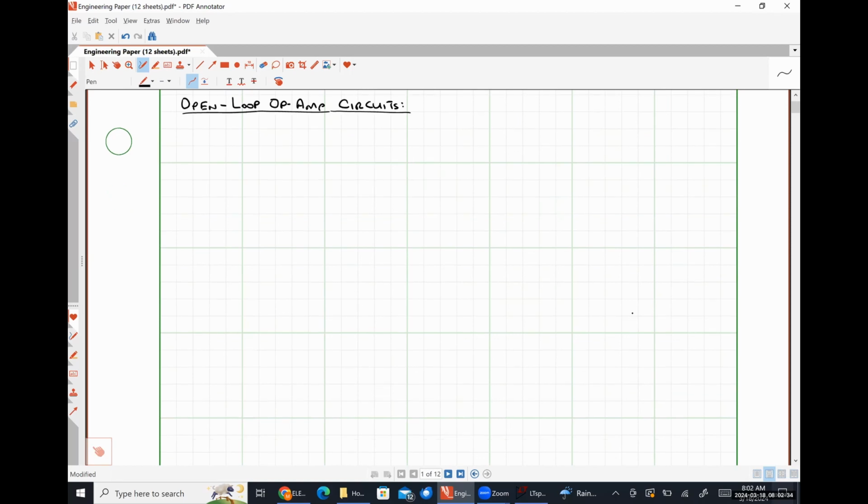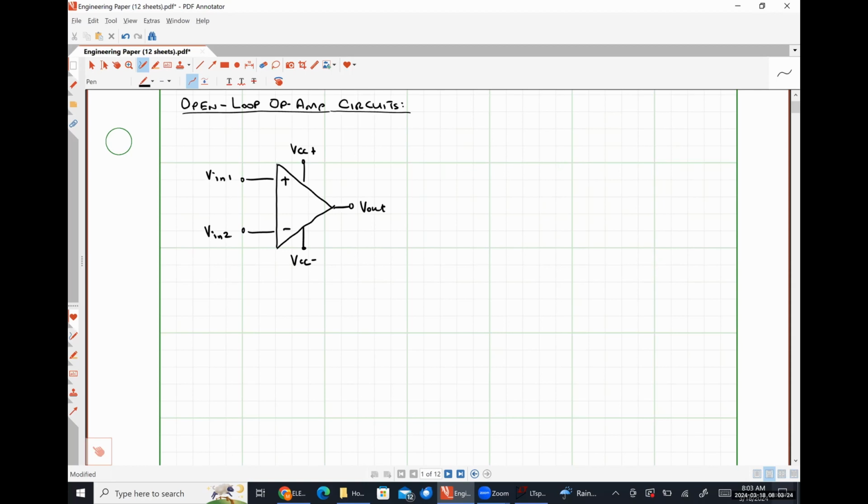So if I have a circuit that looks something like this, where I apply some input voltage, let's call it VN1, and some voltage here, let's call it VN2.